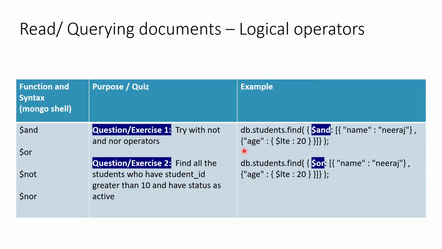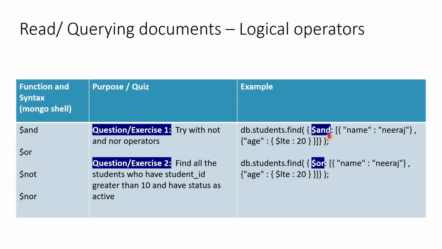For example, if I want to find a student whose name is Neeraj and the age is less than 20, this is how I can query. This syntax might be familiar to you: db.students, which is a collection, then the find function and a JSON document starts.